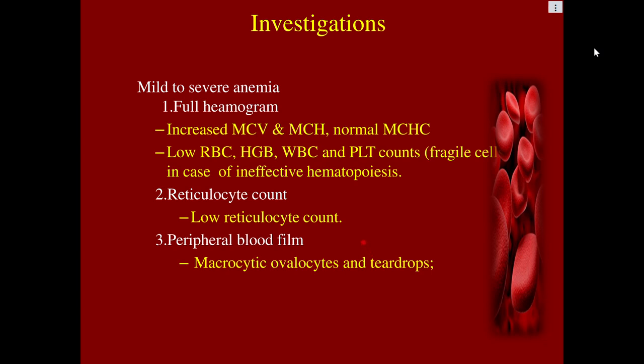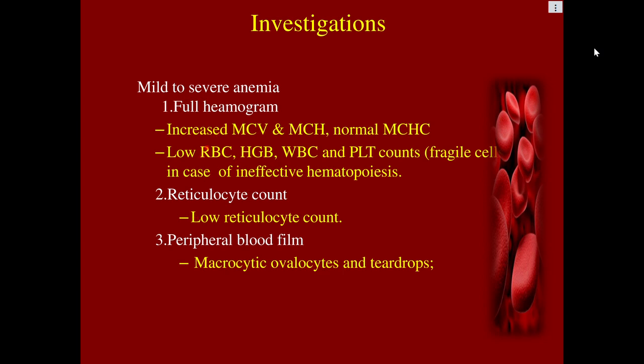How do we investigate a patient who comes with megaloblastic anemia? One, you do your full hemogram. In your full hemogram, you have increased MCV and MCH. Sometimes you end up having normal MCH. But sometimes you can have a normal MCV in megaloblastic anemia, so keep that in mind.